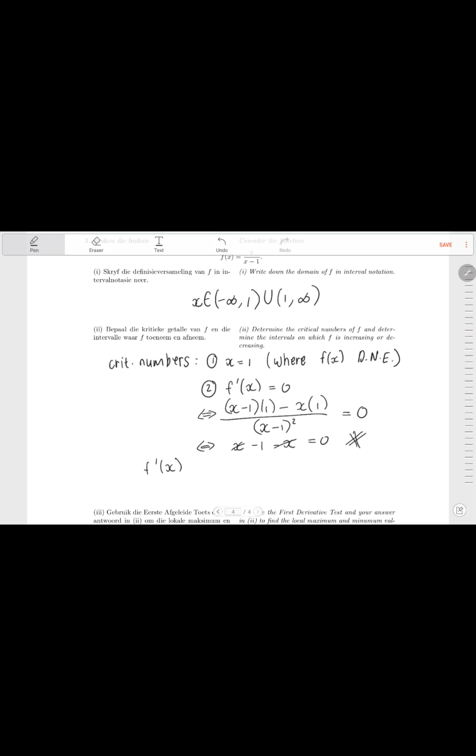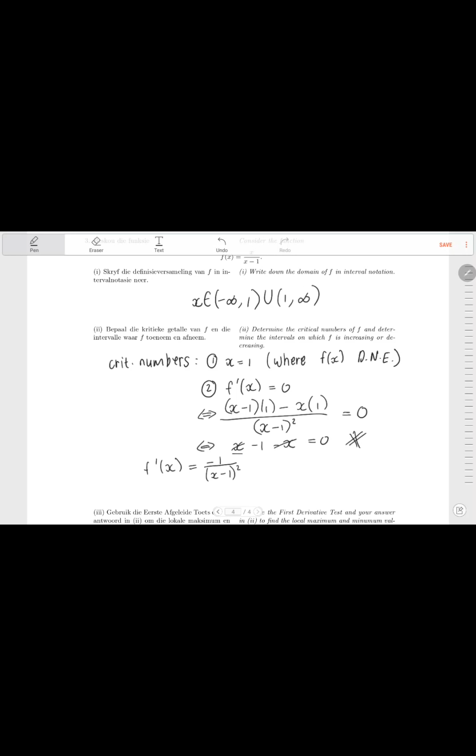So the next part of the question is to determine the intervals on which f is increasing or decreasing. So what we do there is we look at our derivative. Now can you see that our derivative is going to be negative for all x in the domain? Why? Well, our denominator is always positive because any number squared is always positive.